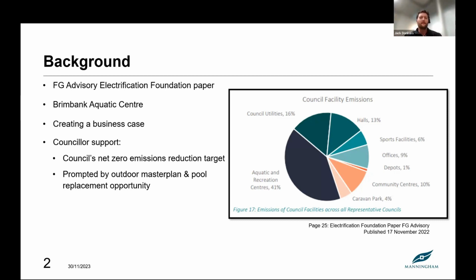From that, Brimbank Aquatic Centre opened, and that was an absolutely amazing example of an all-electric aquatic centre. Yes, they are leading, and yes, there have been a little bit of teething problems, which I won't go into.